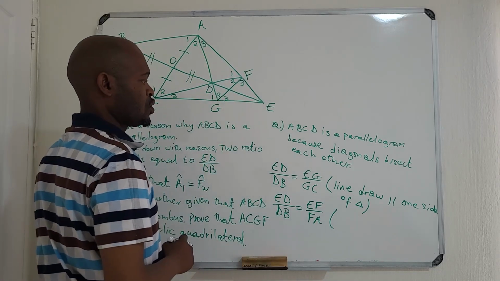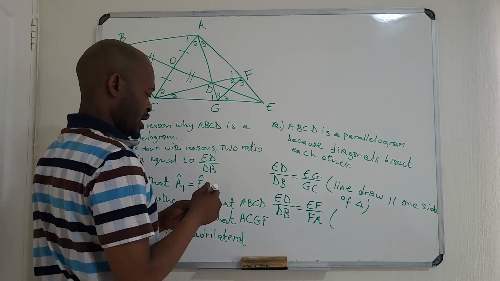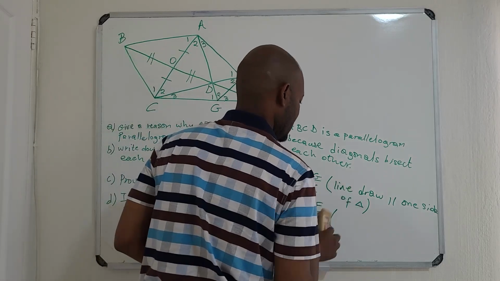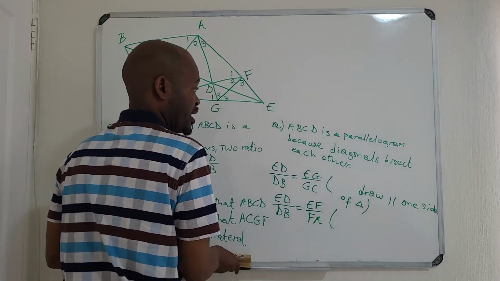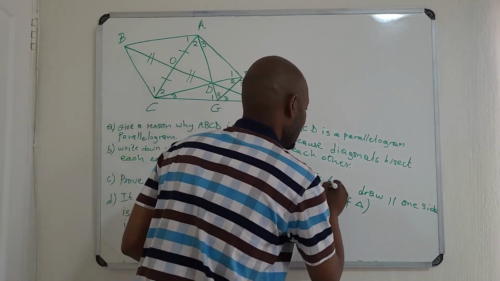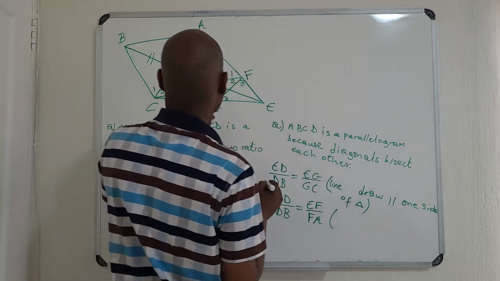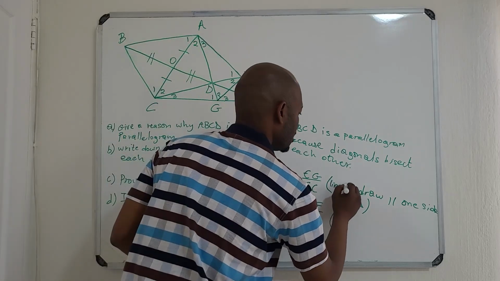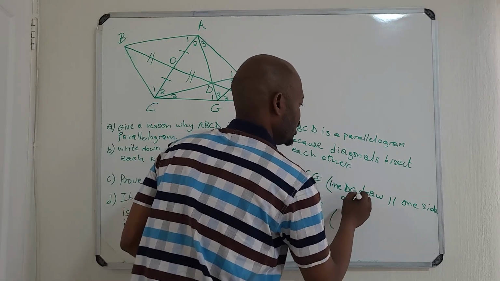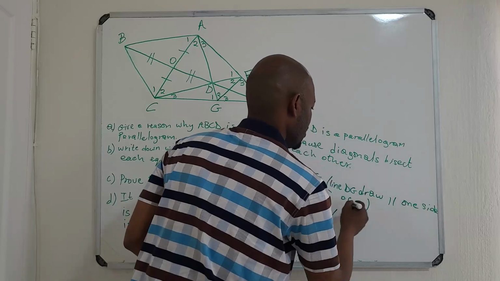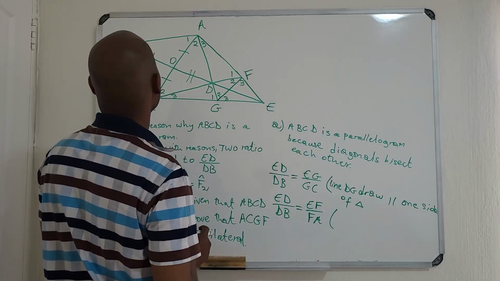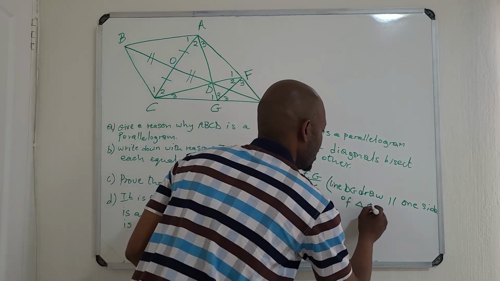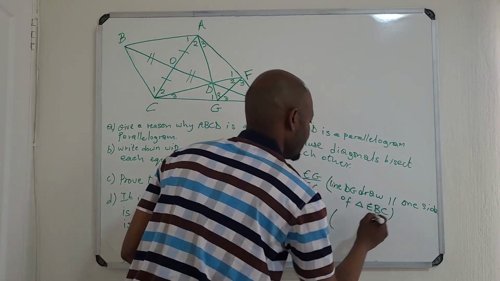For the reason, I should have said which line is drawn parallel. Line DG is drawn parallel to one side of triangle EBC.